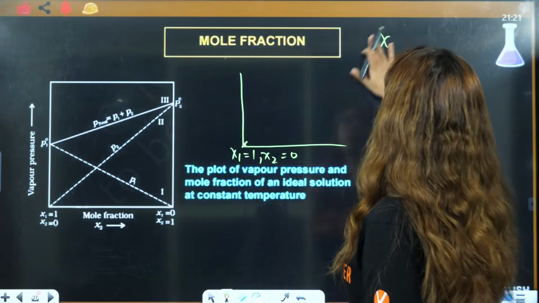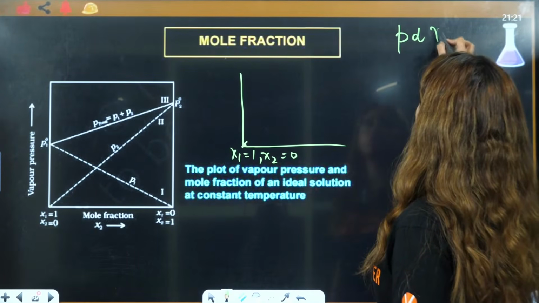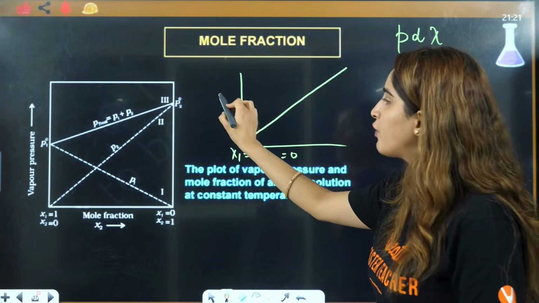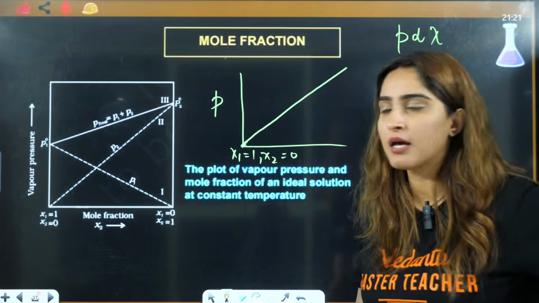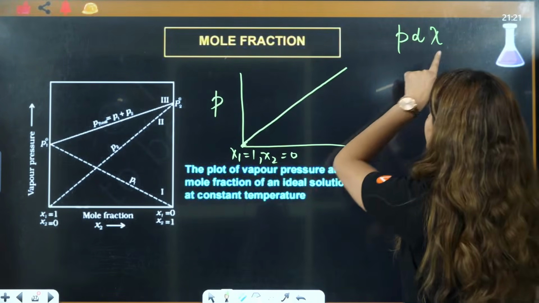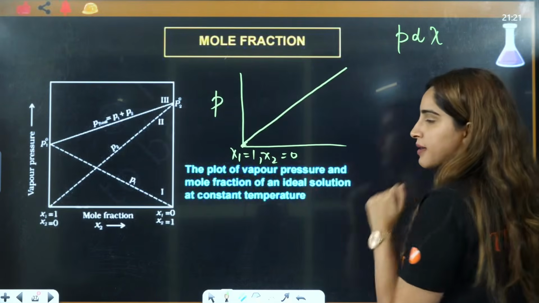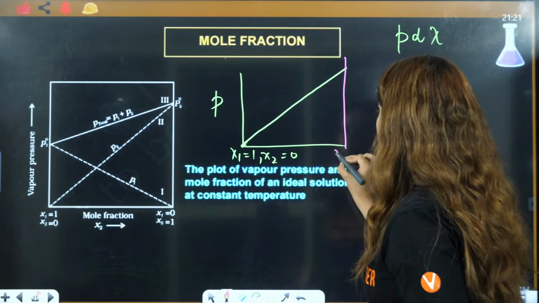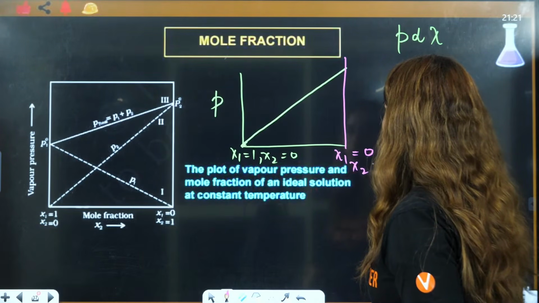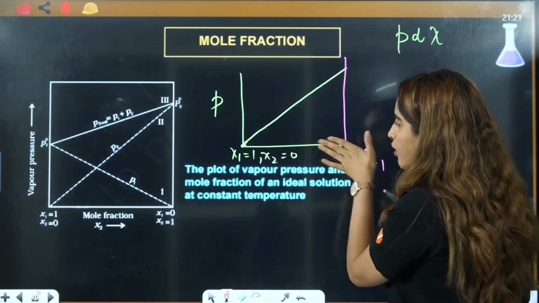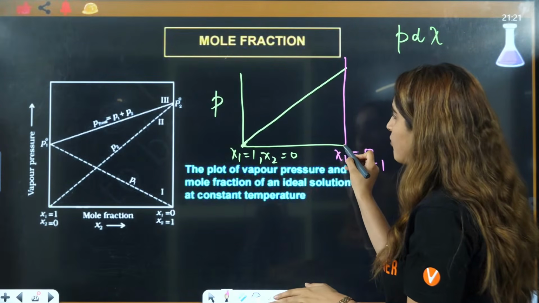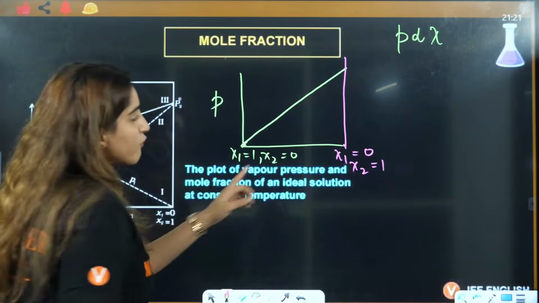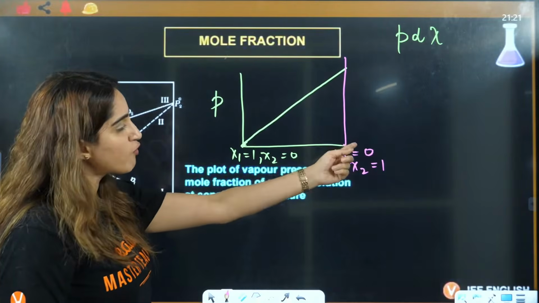We know that partial pressure is directly proportional to mole fraction. As mole fraction increases, partial pressure will also increase. This side you have vapor pressure or partial pressure. Now we are going to draw the same graph opposite here, where the mole fraction of 1 is 0 and the mole fraction of 2 is 1. In this case, the mole fraction of 2 is decreasing, and the mole fraction of 1 is increasing.